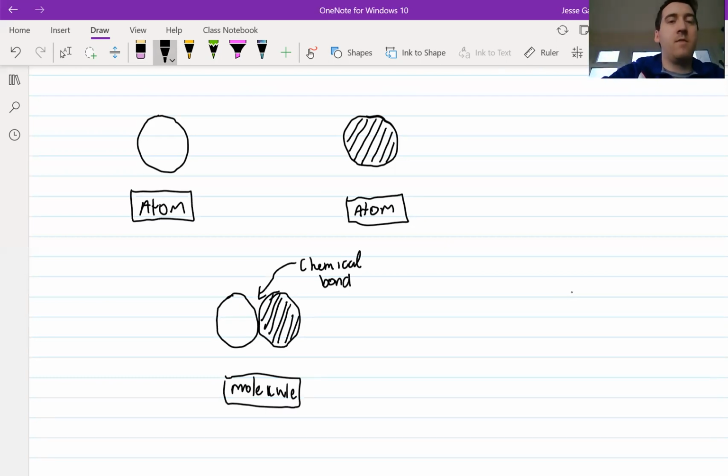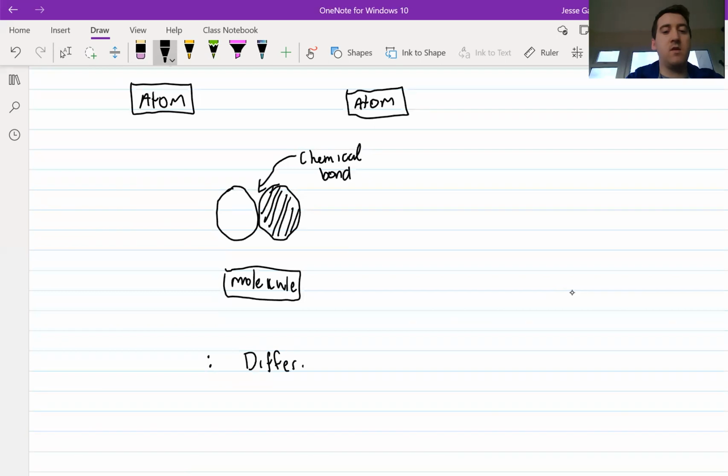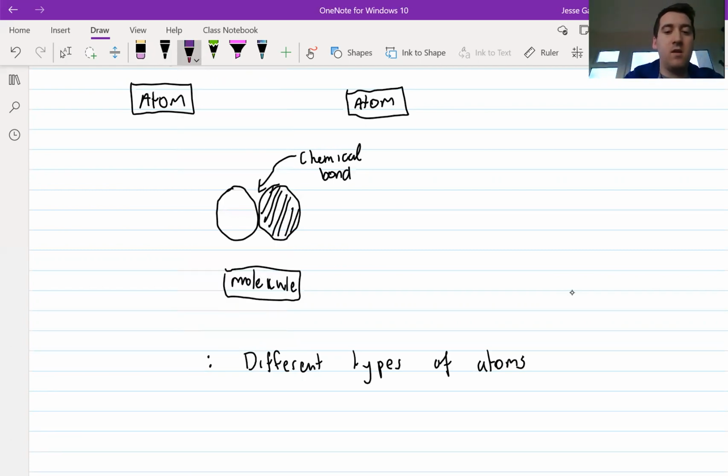So it's a molecule. But this time, what type of substance is it? Well, we know it's not an element because it's got more than one type of atom. So where we have a substance that's got different types of atoms, another way of saying this is you could replace the words types of atoms with different elements, because each type of atom is a different element.